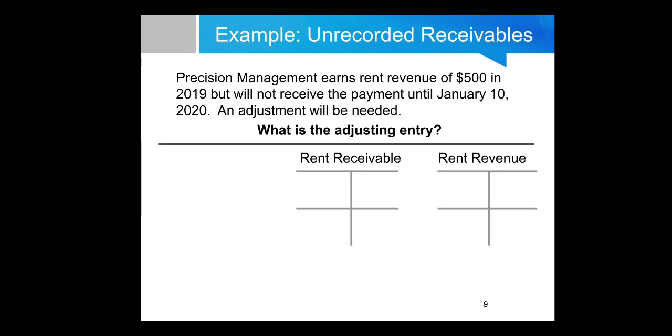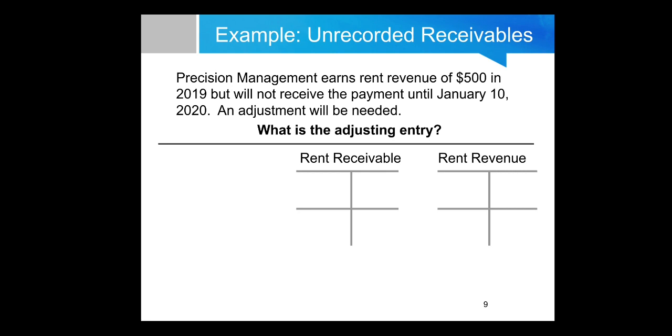Okay, this is an example of adjusting entries for unrecorded receivables. Precision Management is a business. It earns rent revenue of $500 in year 2019, but will not receive the payment until January 10, 2020.